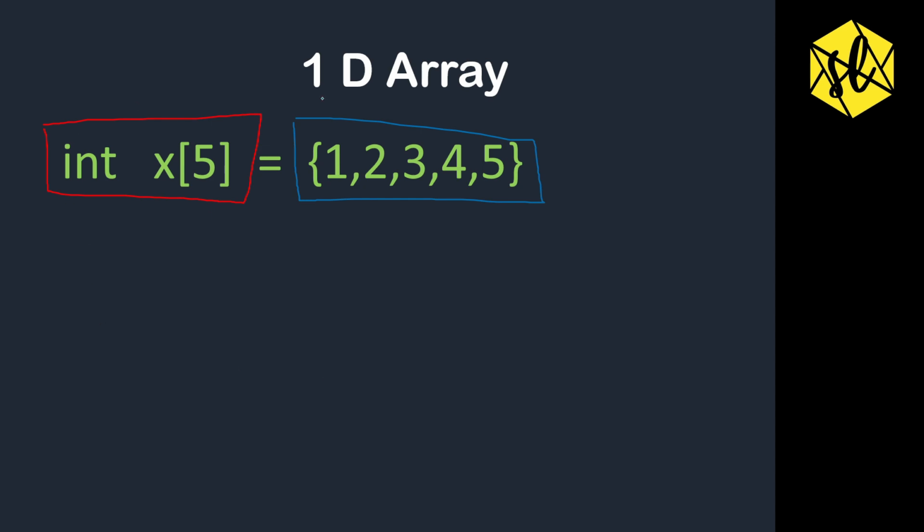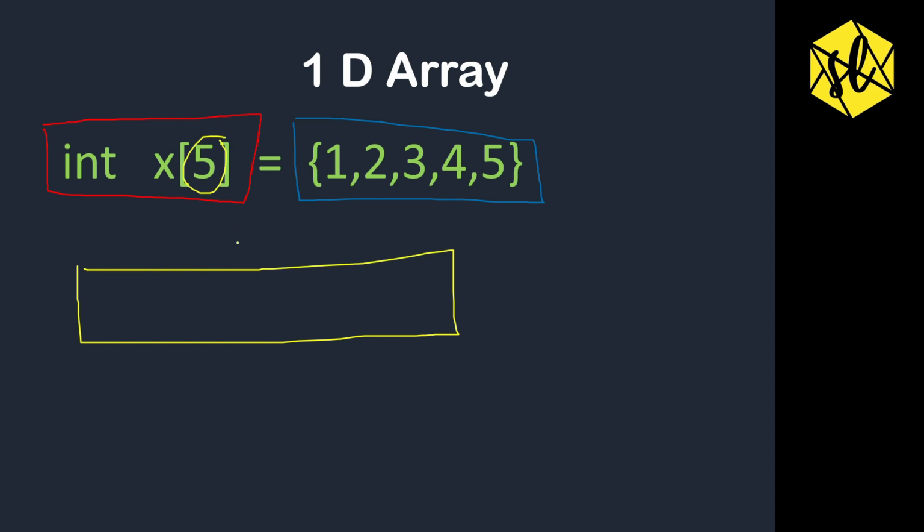Now after executing this statement, what will happen? Let's see. In the memory there will be a memory block. As it is 5, the size of this memory block will be 5. We have also seen that as the size is 5, the index will be from 0 to 4. So the index is 0, 1, 2, 3 and 4.